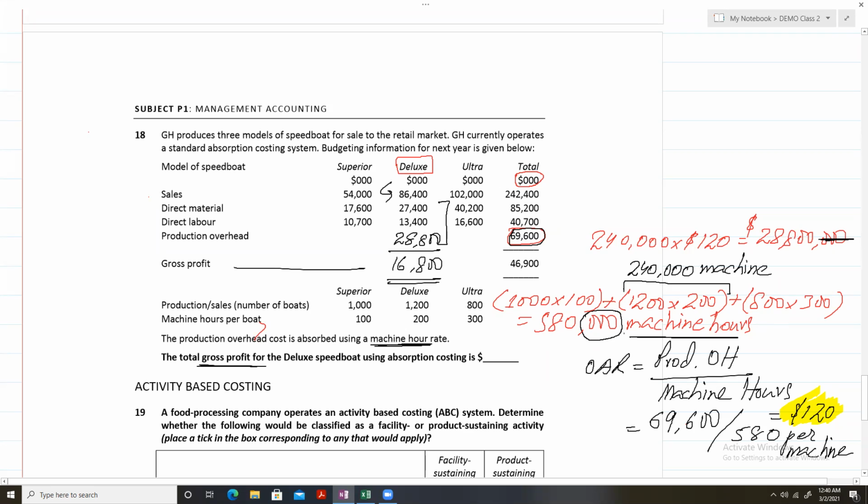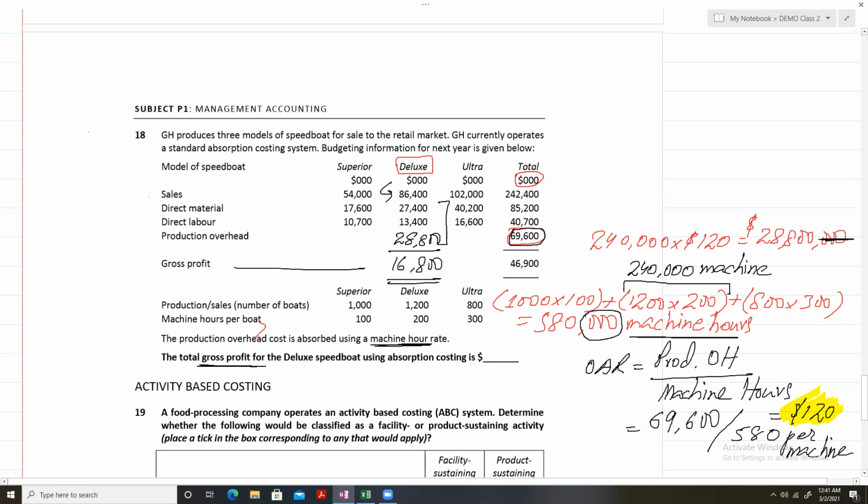Then we took the production overheads, 69,600, and divided them by the number of machine hours to get an overhead absorption rate equal to $120 per hour.